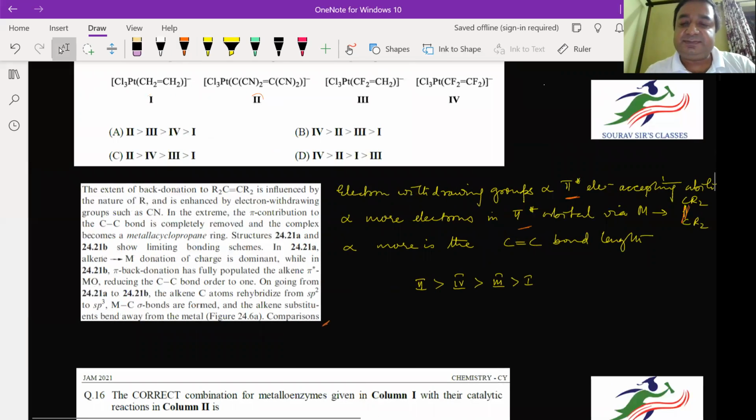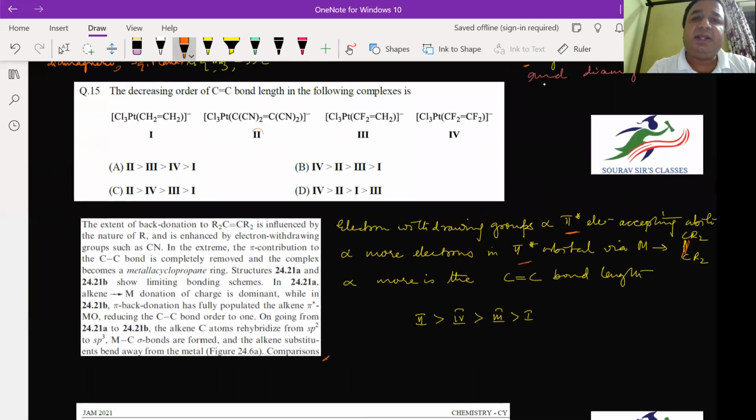So now let's judge from here how the bond length will change for this type of complexes, that is 1, 2, 3, and 4. If we do that, see, the most electron withdrawing group will be CN, followed by fluorine, and then we have hydrogen.